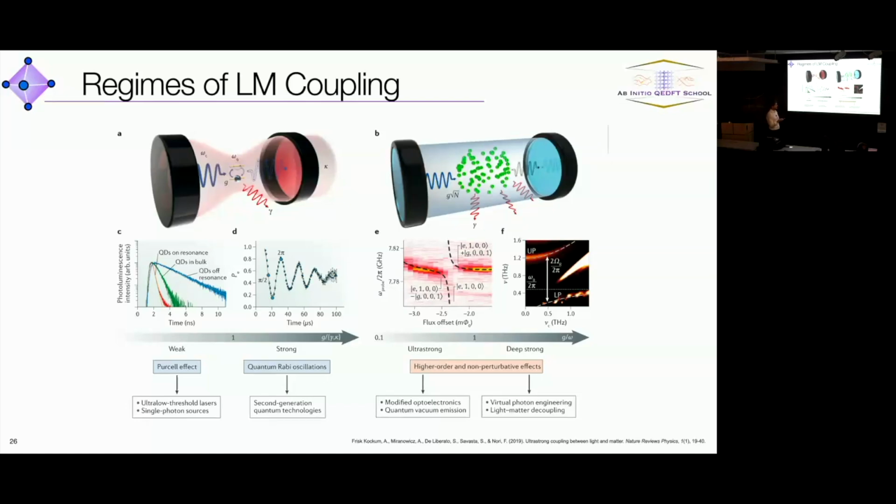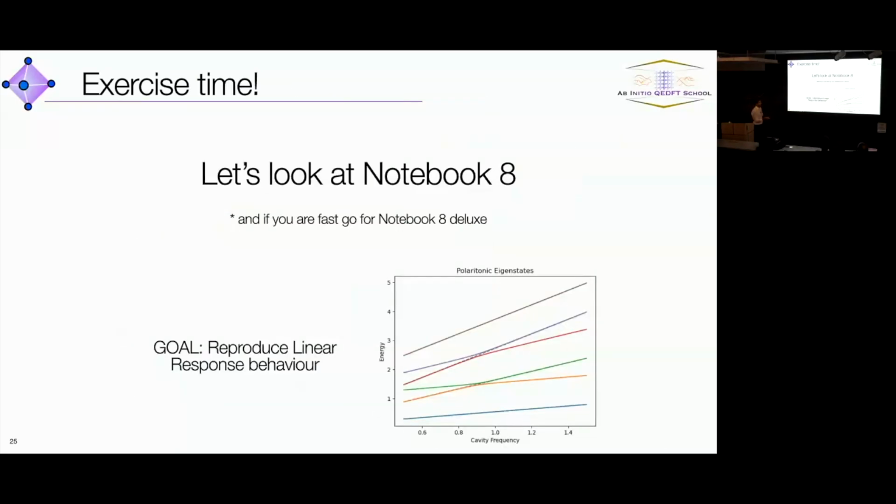This regime is defined in terms of the Rabi splitting and the width of the peaks that you would have associated with these resonances. If you do the response function calculation on these resonances, you will also get a width, not just the trace of the maximum.